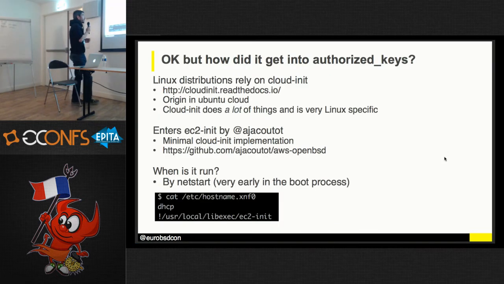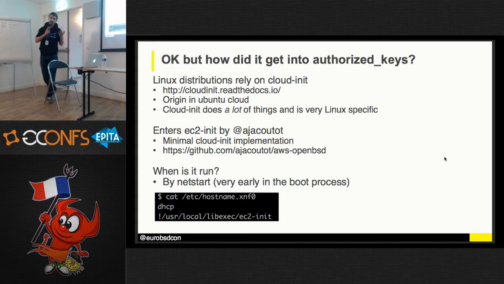The question is how it got configured, and how is actually interesting. To do this, most Linux distributions rely on a tool called cloud-init. I gave you the link there, and basically this tool has its origin in Ubuntu Cloud. They wrote it to configure machines when they were booting, and it became a standard for most Linux distributions.